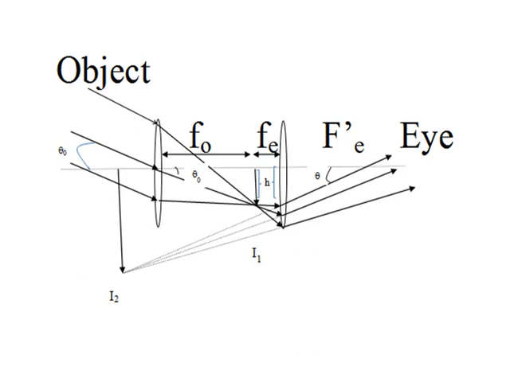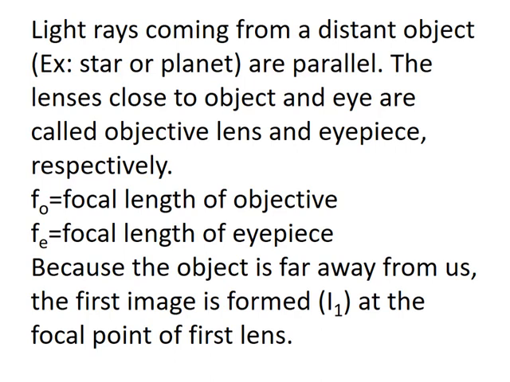So from the triangle in the right hand side of the picture, tan theta is equal to h over fe. The separation between two lenses is approximately f0 plus fe, but it is slightly less than f0 plus fe. f0 and fe are the focal lengths of the objective and eyepiece respectively.